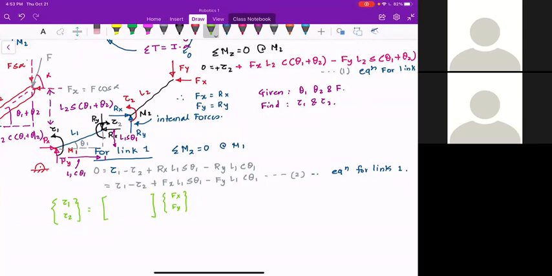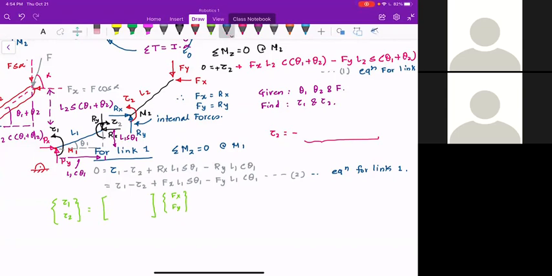but I can actually simplify this equation a little bit. Please note, from equation 1, you can represent tau 2 as minus the quantity on the right hand side. Then from the second equation, you can substitute the value for tau 2 and get the equation for tau 1.